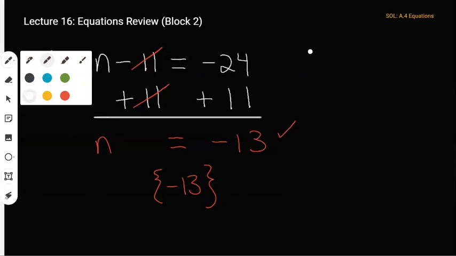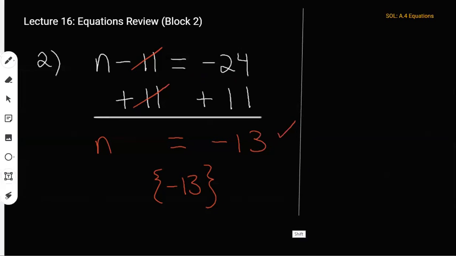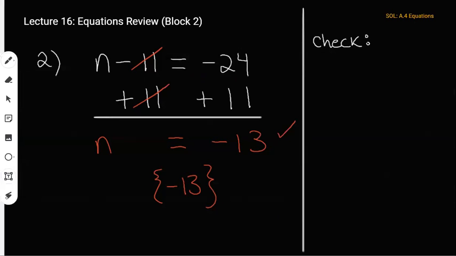Okay. So now on the right side, I'm going to check my work. When I check, I always start off with my original equation. n minus 11 is equal to negative 24.